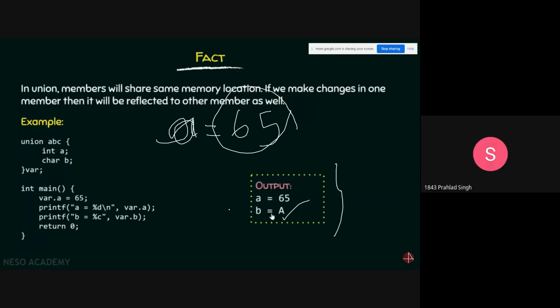Yes. And suppose we put A equal to some value which is not an ASCII value, then what will B store?